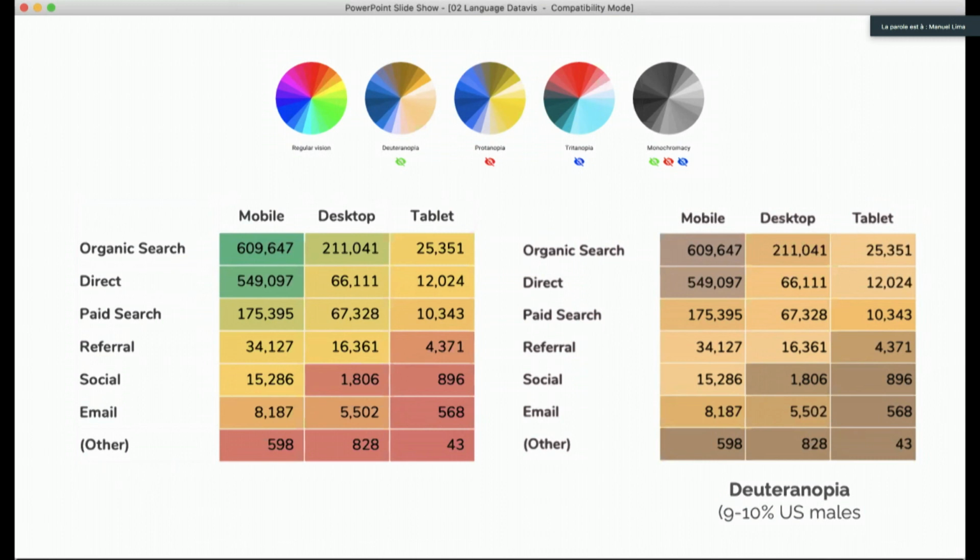Which afflicts mostly males, predominantly males. Deuteranopia is actually a condition affecting roughly 10% of all US males. And for a person with that type of symptom, an easy heat map, like you see in the table on the left, where green and yellow and red, the normal sort of heat map that you might see somewhere else, they wouldn't be able to see that at all.